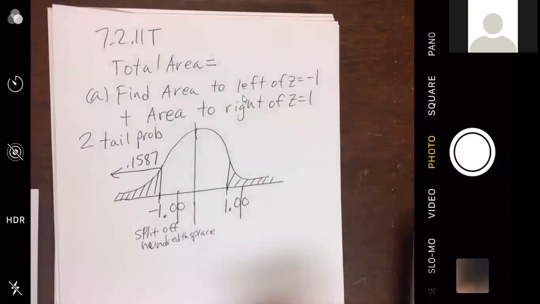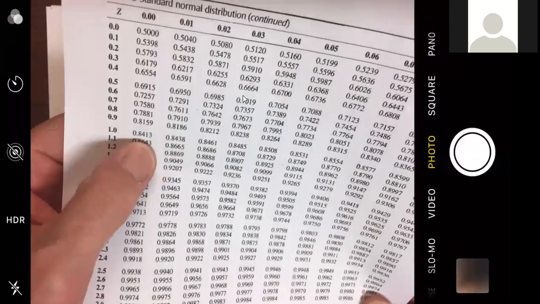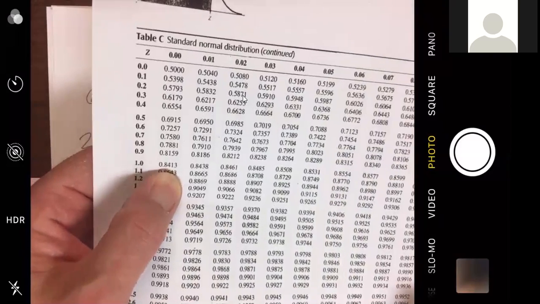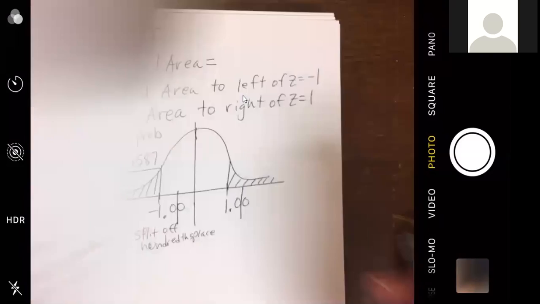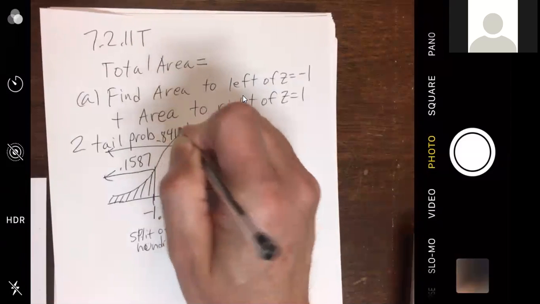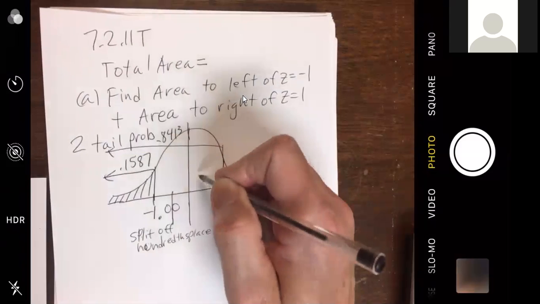Split that off. You're on the next page. 1.0 and 0.00, 0.8413. Don't subtract them. That's if they wanted the middle, I'd subtract them, but they're not asking for that.